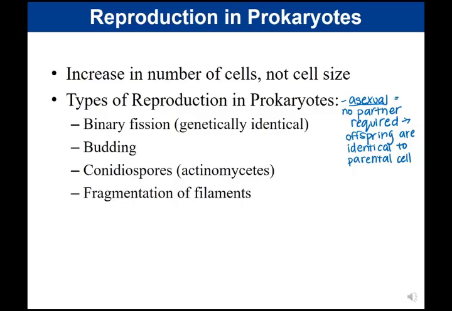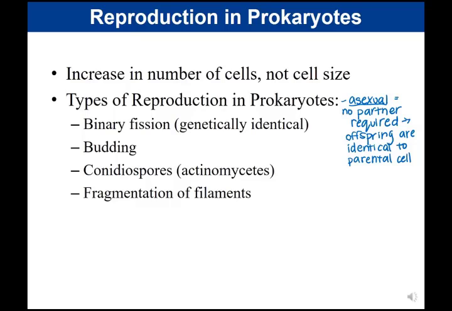So in terms of types of reproduction in prokaryotic cells, one type is binary fission. And binary fission is where bacteria is going to divide into two, and you end up with two genetically identical, equally sized cells. If we look at budding, budding is a type of reproduction where a small outgrowth comes off of the main cell.